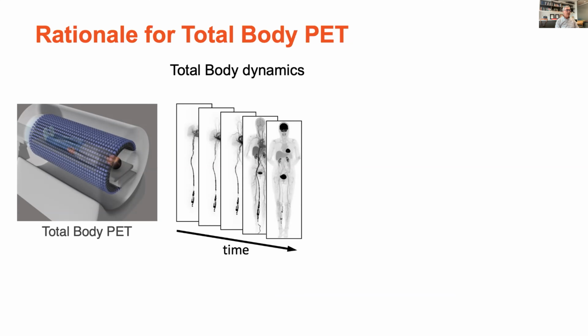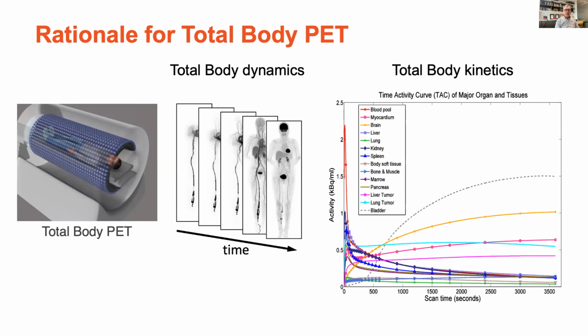From that data you can extract the kinetics of the radiopharmaceutical from all the individual organs and tissues of the body, creating really rich and valuable data sets for research studies.